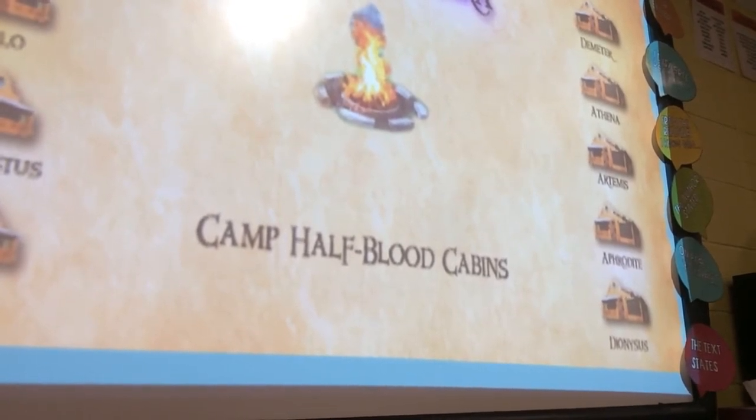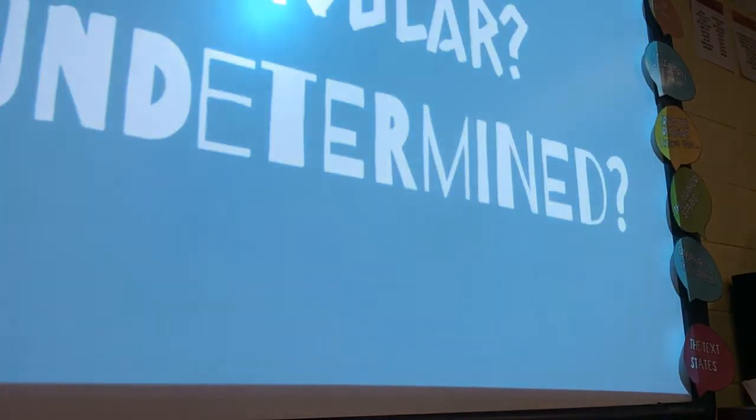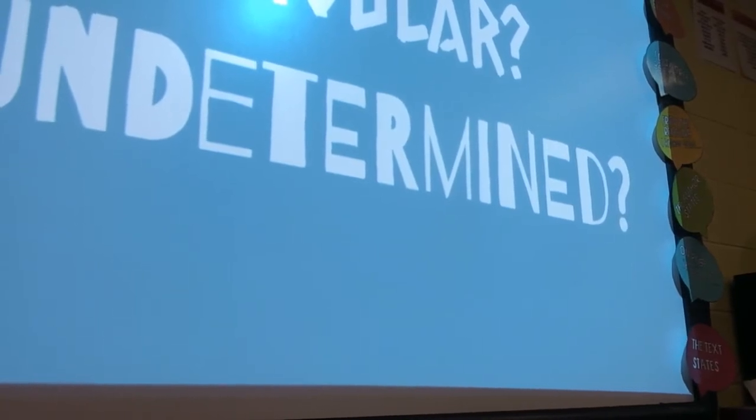Zip it. So he's saying, why can't I go stay in some of those cabins? And Annabeth is saying, it depends on who your parent is. So y'all, each cabin represents, all the people in that cabin are the children of that particular what?